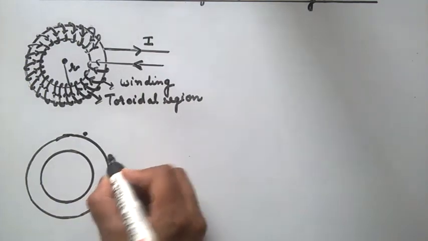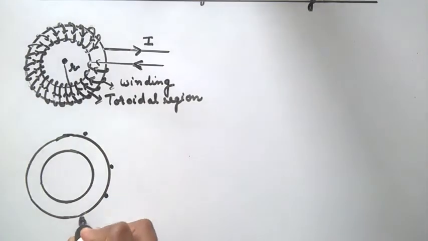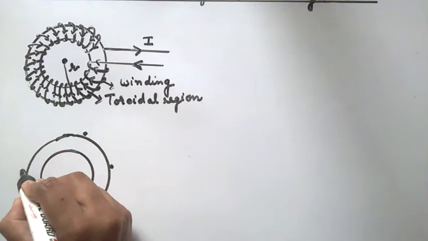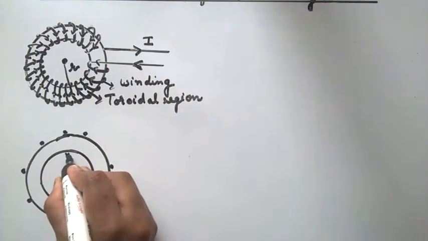Current is coming into the plane of a paper, so it is denoted by dot, and inside by cross.